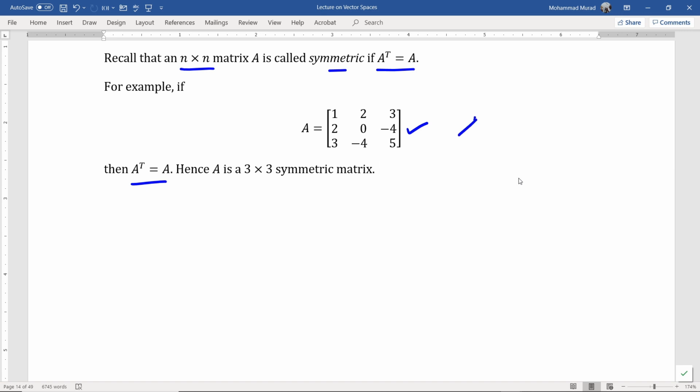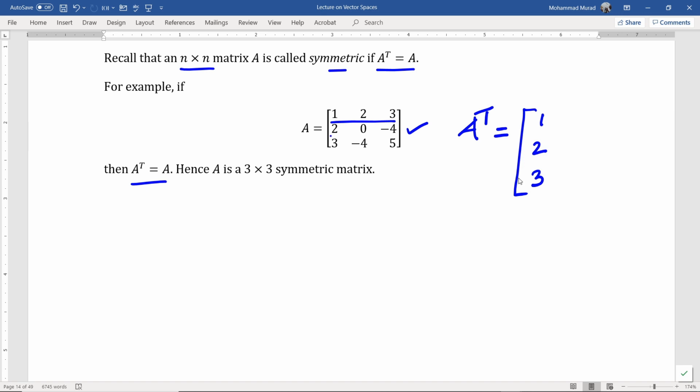For example, since the first row of A contains the elements 1, 2, and 3, when we transpose the matrix A, we get 1, 2, and 3 in its first column.